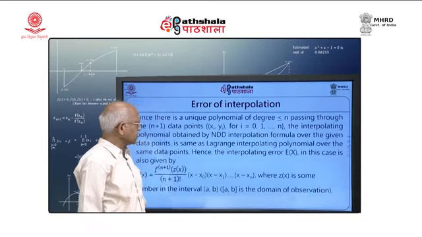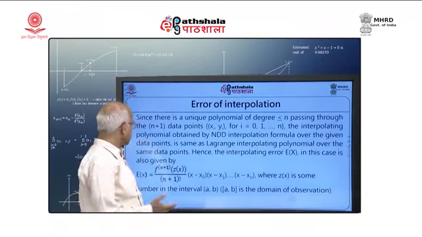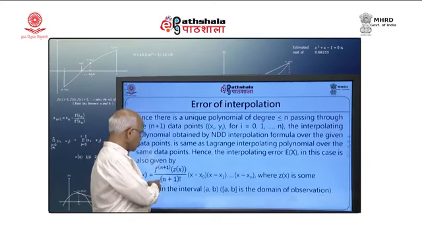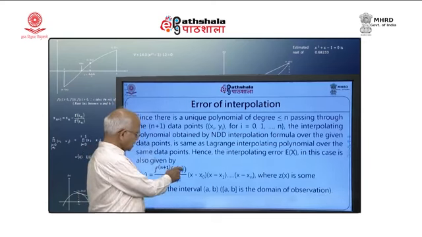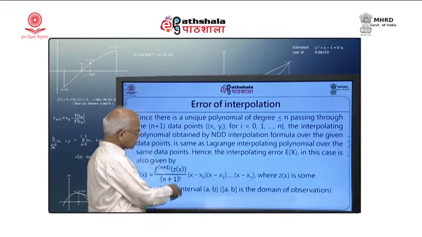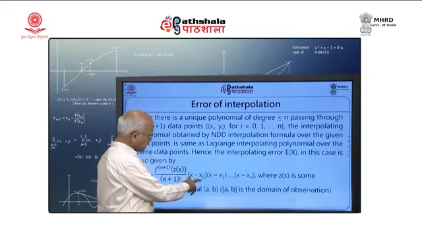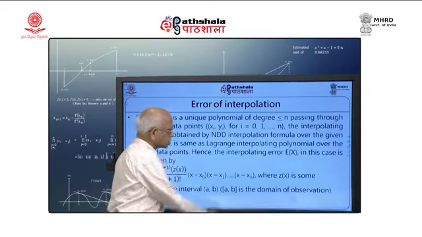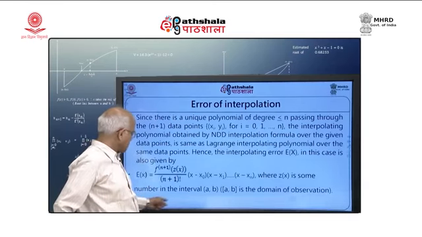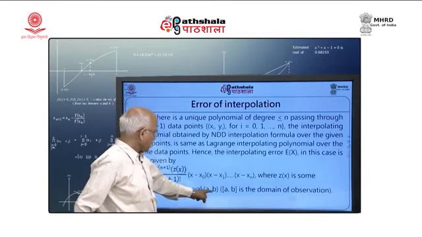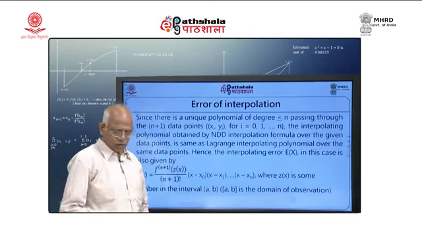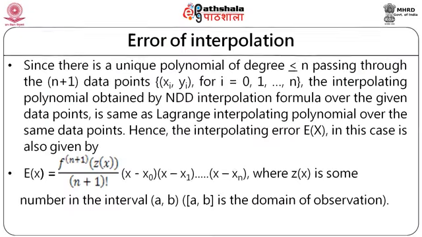Hence the interpolating error E x in this case is also given by the same formula: E x equal to f n plus 1 of z x, where z x is some point in the open interval a b, upon n plus 1 factorial into the product of the factors x minus x 0, x minus x 1, up to x minus x n, where a b is the domain of observation. So, a will be the smallest observation, b will be the largest observation.